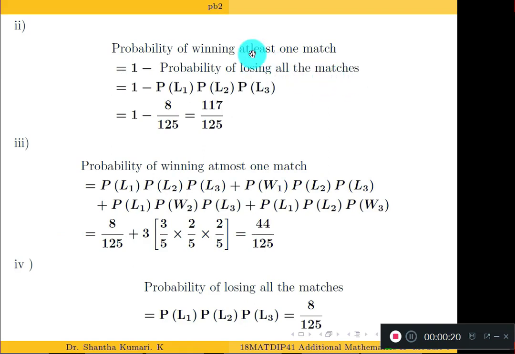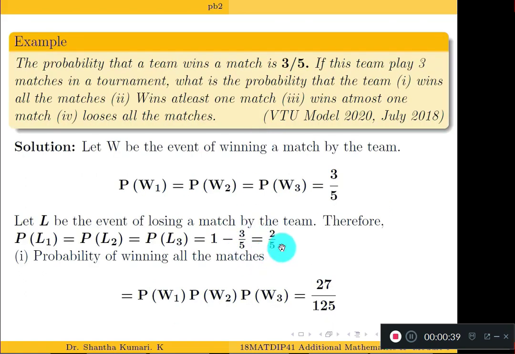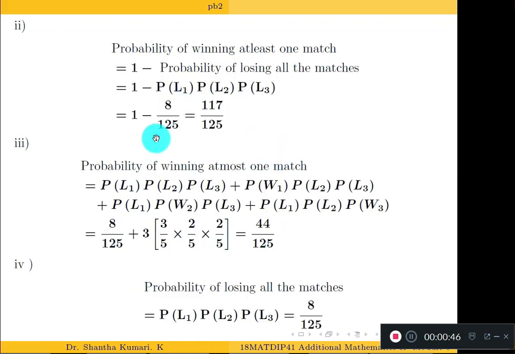Losing all the matches means losing the first match and losing the second match as well as the third. So using the independent events, directly multiply the probabilities here. So 1 minus, for this probability is P of L1 into P of L2 into P of L3. Substitute. What is your P of L1, L2, L3? P of L1, L2, L3 are 2 by 5 each. Multiply 2 by 5 into 2 by 5 into 2 by 5. You get 8 by 125. Subtract, you get 117 by 125.